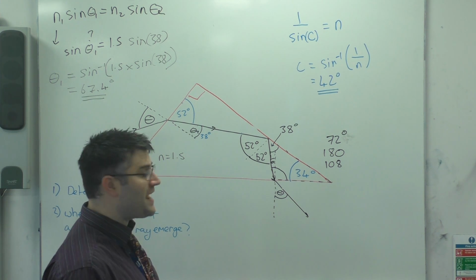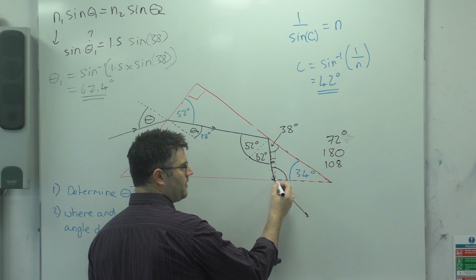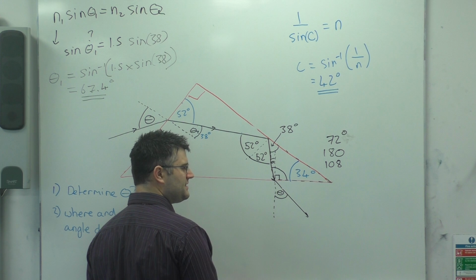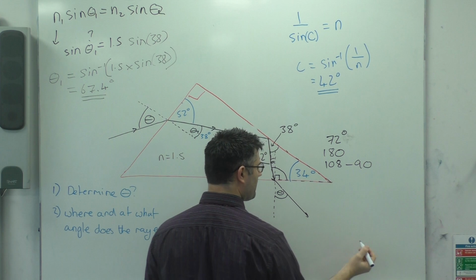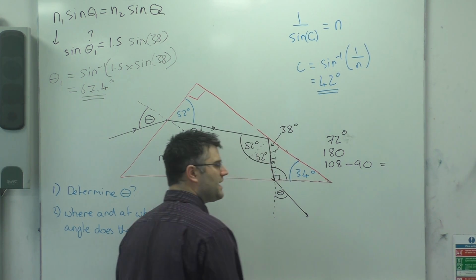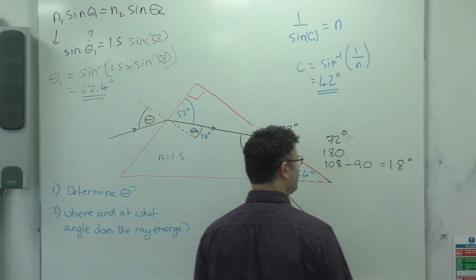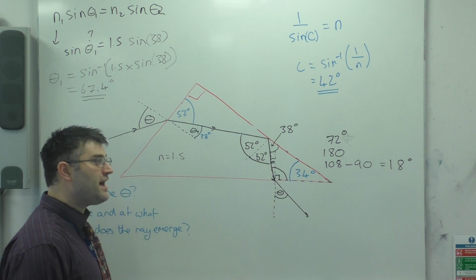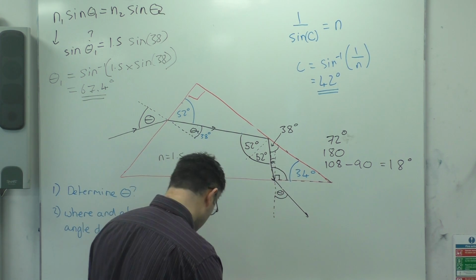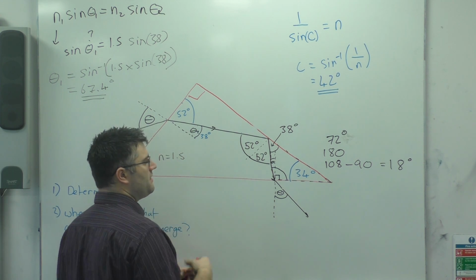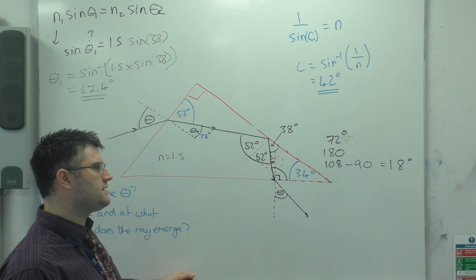If we've got 108 degrees in that entire angle right there, and we know that this bit is 90, we can take 90 off that. What does that leave us with? That leaves us with 18 degrees. So that means that this angle, the angle we were looking for, I'll draw it in a different colour just to make it nice and clear, this angle right here is 18 degrees.